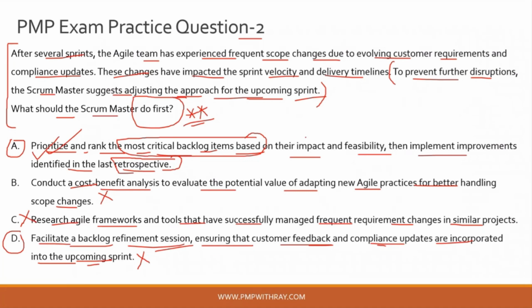So it is definitely capturing that aspect as well. On top of it, it is also capturing the aspect of learn from experience. However, option D captures one aspect of it, which is backlog refinement, but it does not necessarily capture the learn from experience aspect. So that is why option D is a very close answer choice, but incorrect. So the correct answer to this question is option A.